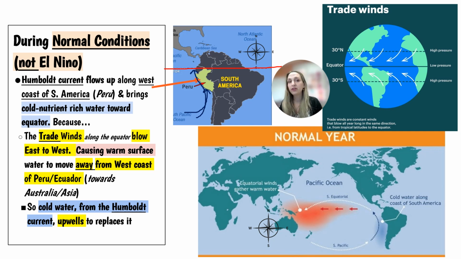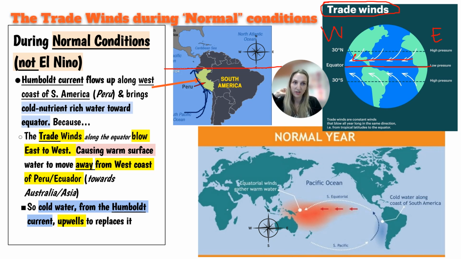So the only winds we need to know, and I talked about this last week, is the trade winds. So the equatorial trade winds. Equatorial meaning they're about the equator, and they're the winds that are blowing at the equator. You need to know what's a normal condition. They blow east to west.